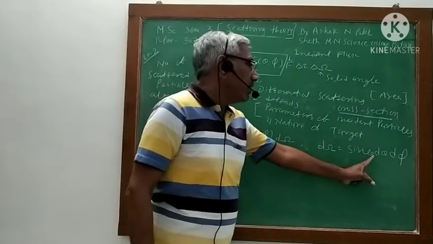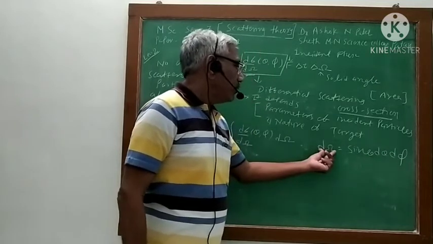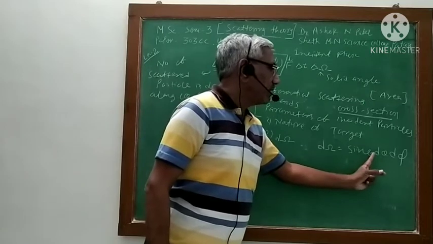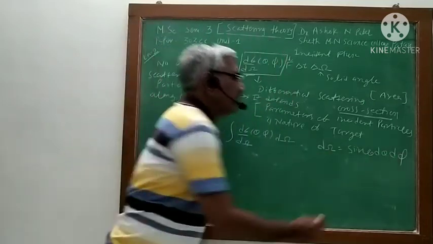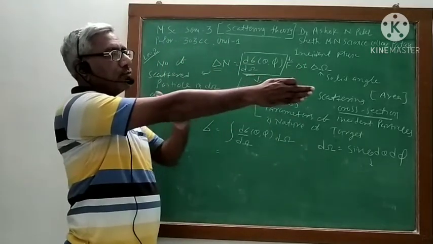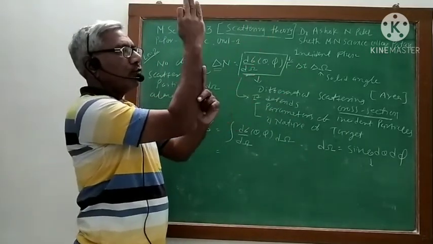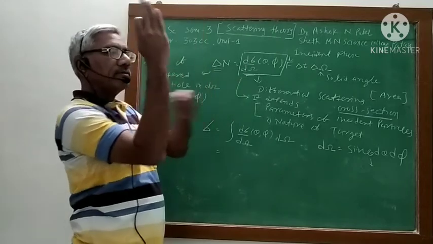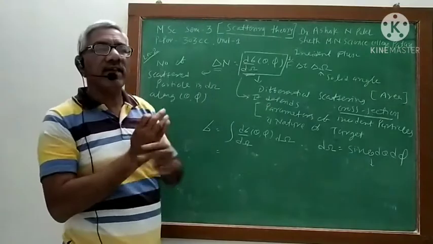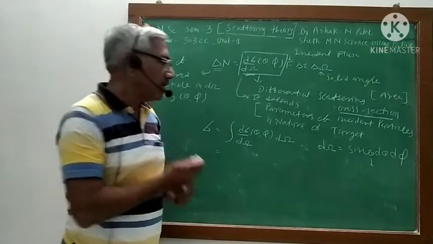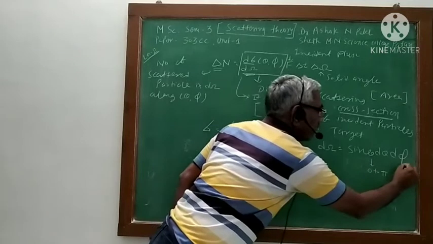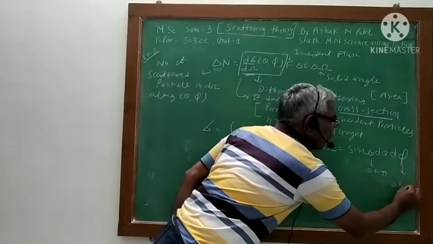Theta could be 0, could be 45, could be 90, and it could come back, back scattered. Maximum theta can vary from 0 to pi only. So theta varies from 0 to pi and phi varies from 0 to 2 pi.